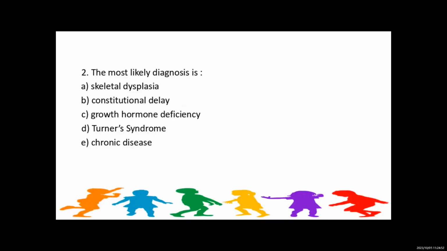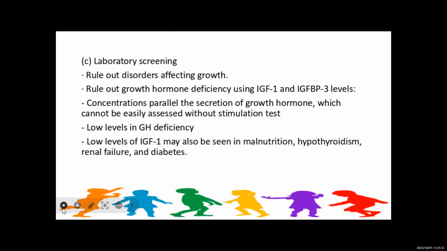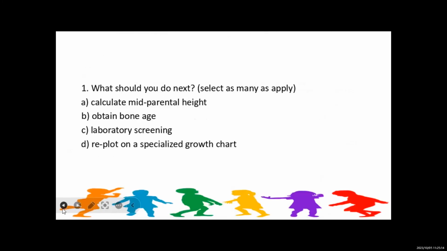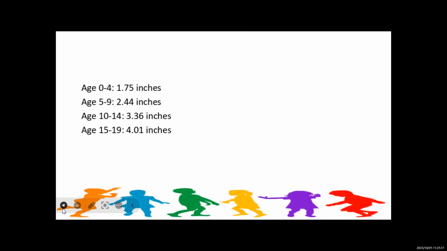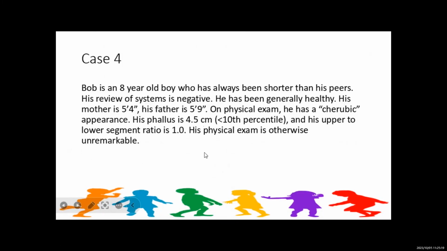Now, remember, in the case that we had, they kept saying how his physical examination, especially in terms of health, is unremarkable. He's healthy. Remember that? Let me go back to the case. So they do not really present anything related to it. Here we go. His review of systems is negative. It means there is not really anything positive that has been found.